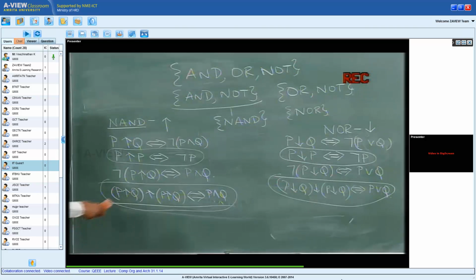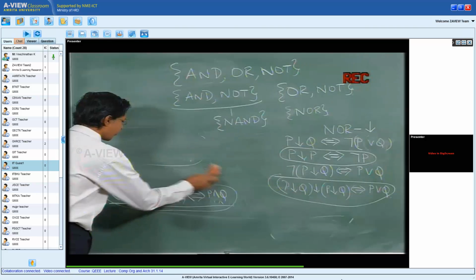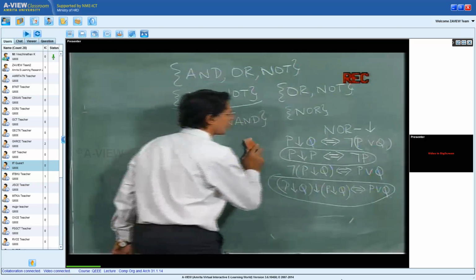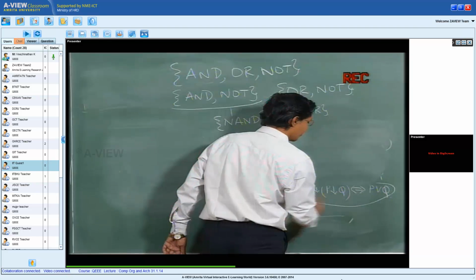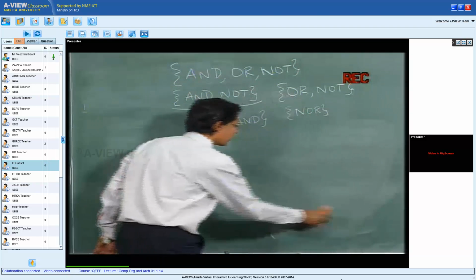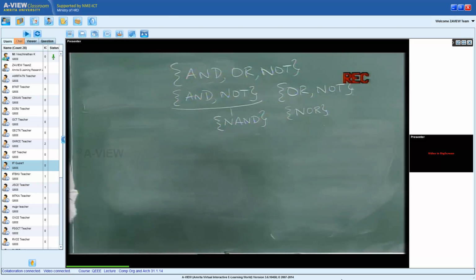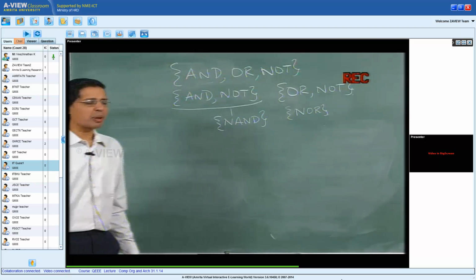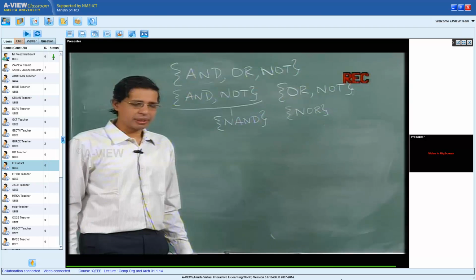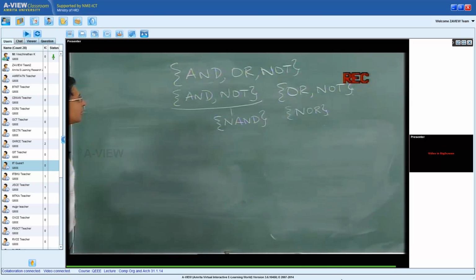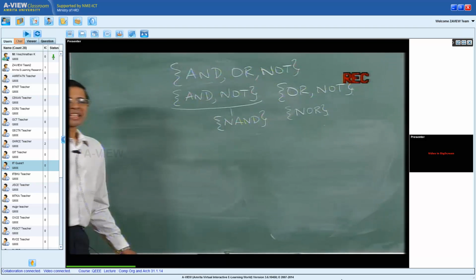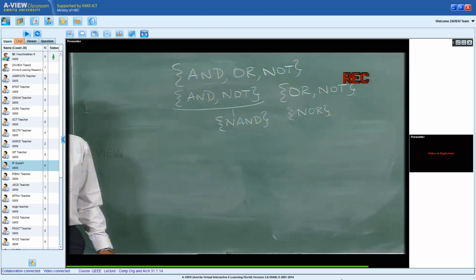So to sum up this discussion, given any Boolean function, since we can have a sum of products or a product of sums representation, that Boolean function can be realized in terms of AND and NOT.